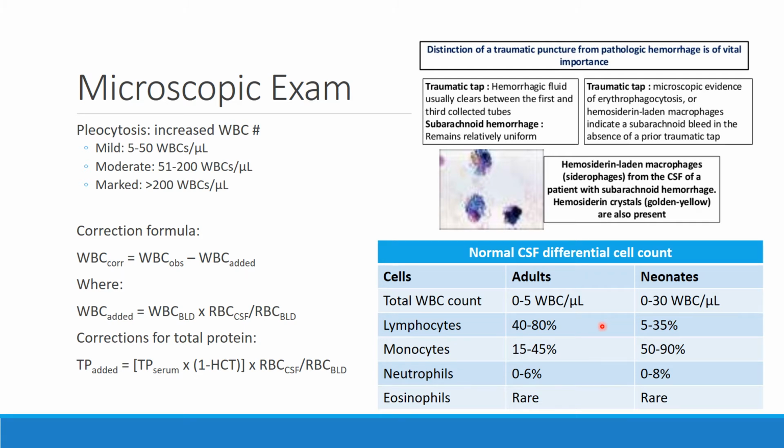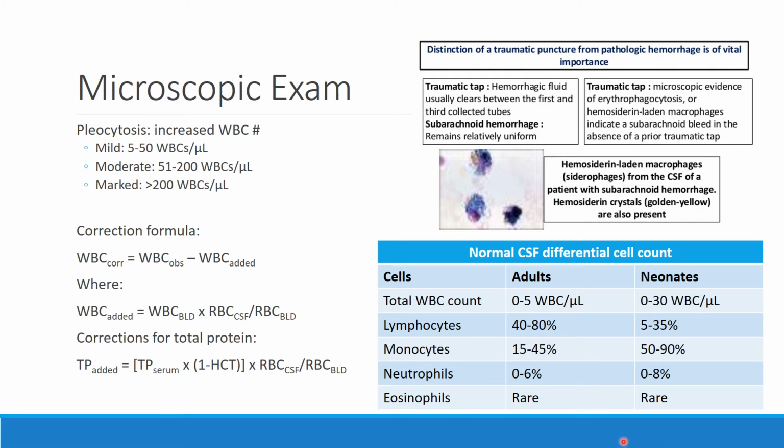If you look at the diff that's normal, you can see that between half and most should be lymphocytes, followed by monos. Neutrophils and the rest of your granulocytes drop down. They're the smallest amount. Neonates are a little bit different. Your monos are your largest percentage, with the lymphs and the granulocytes being much less common. So these are the normal numbers.